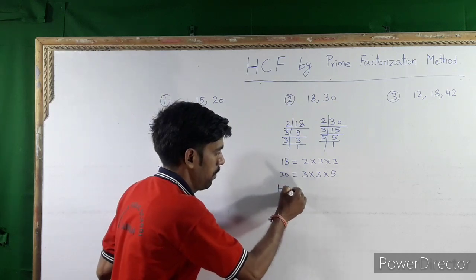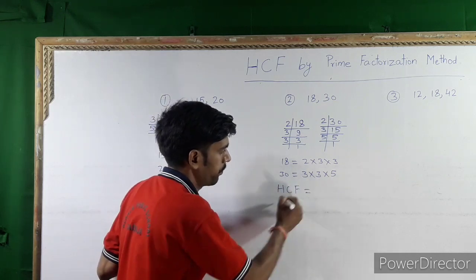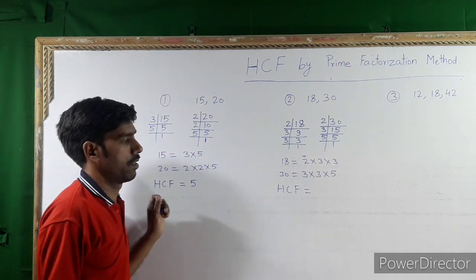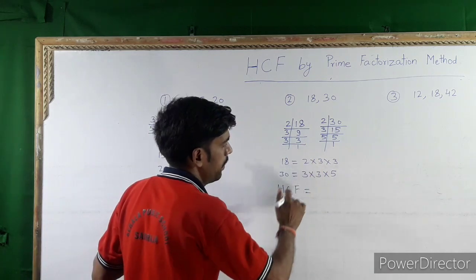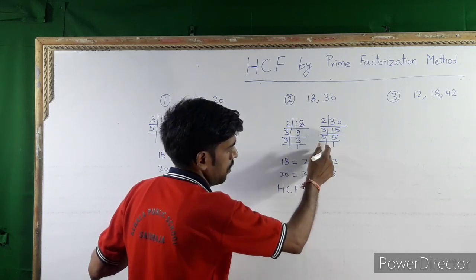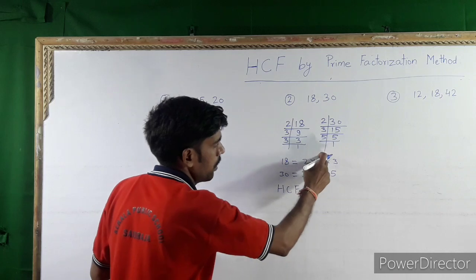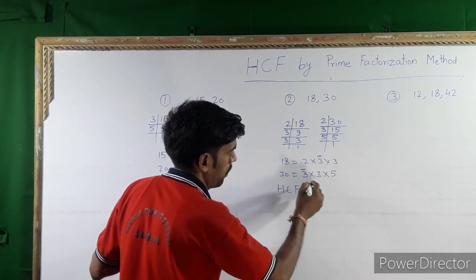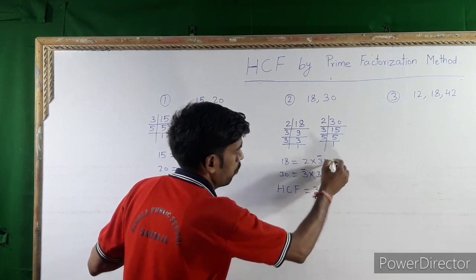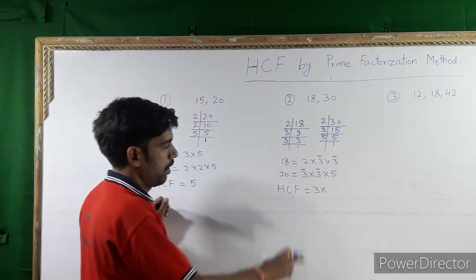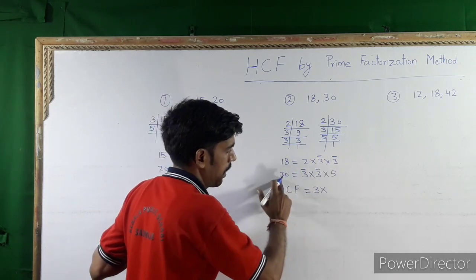Now HCF is equal to... 2 is not included in both numbers, so 2 is not taken. 3 is included in both, means 3 is common. Also the second 3 is common in the first number and second number.